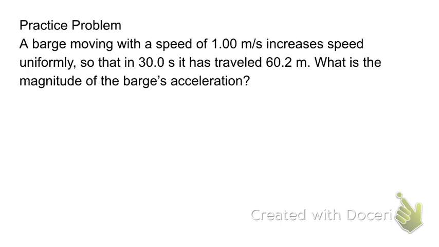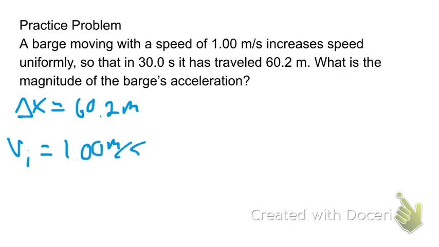Okay. So, if we're looking at this in terms of what we know and what we don't know, we do know a displacement. They gave that to us. It's 60.2 meters. We do have a velocity initial, 1.00 meters per second. We do not have a velocity final, but we don't need it because this is the equation that doesn't include it.